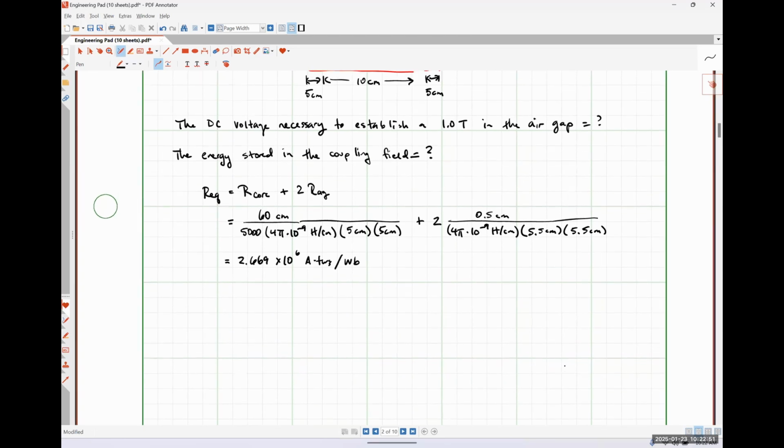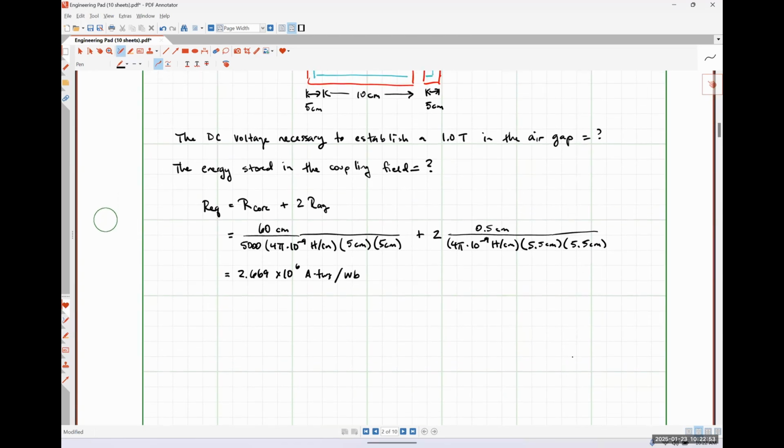The magnetic flux that is flowing around in our core is going to be the flux density in our core times the area of our core. So for what it's worth, that's just the 1 Tesla. So I'm going to write that as 1.0 Webers per meter squared, because that's the same thing as a Tesla.